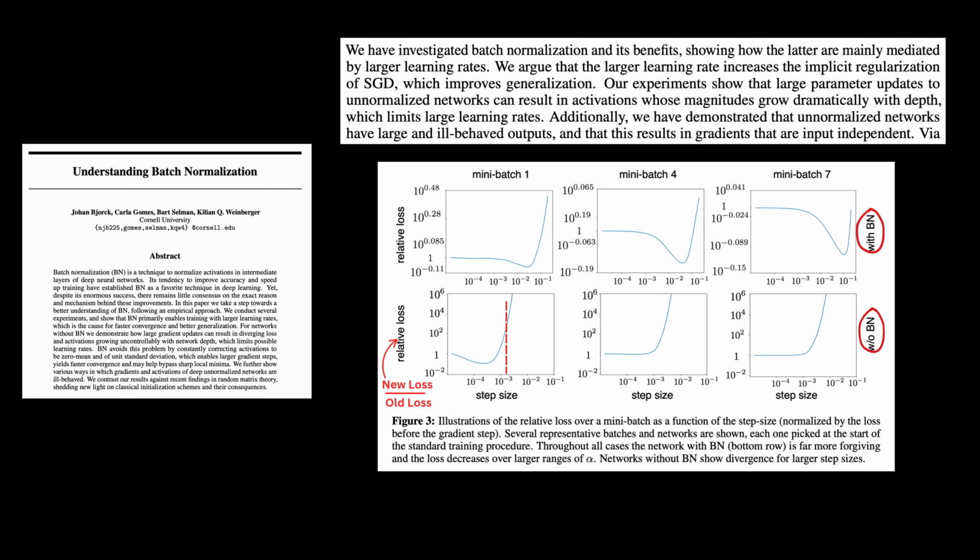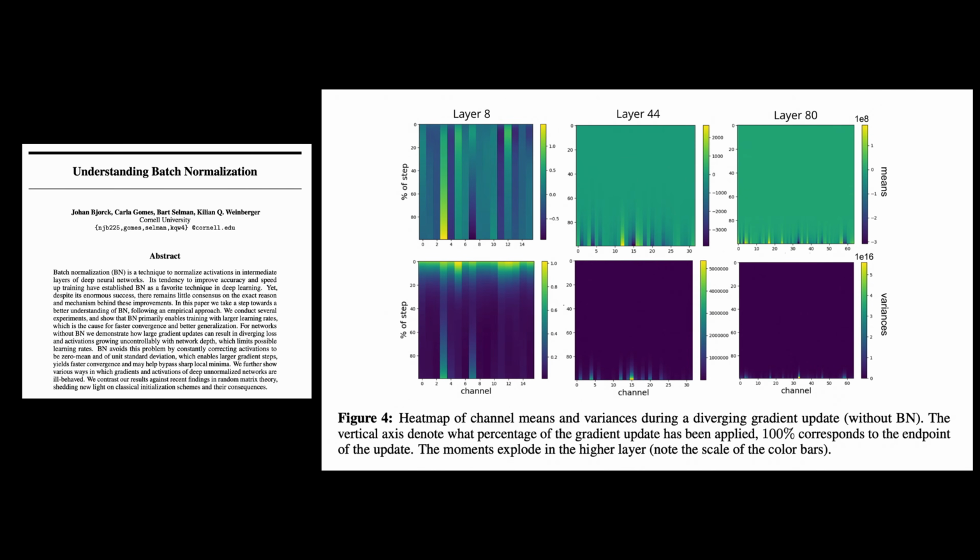But what's interesting is the mean and variances of activations in the network at the time of a diverging update. As we go deeper in the network, the scale of activation grows progressively larger, hinting that the divergence is caused by this explosion of activations, which BN successfully would have avoided.